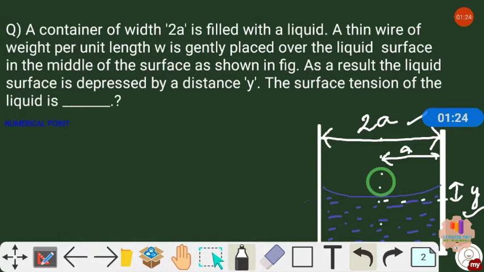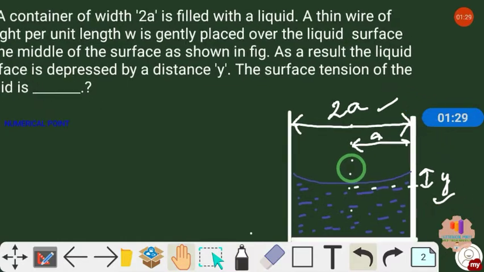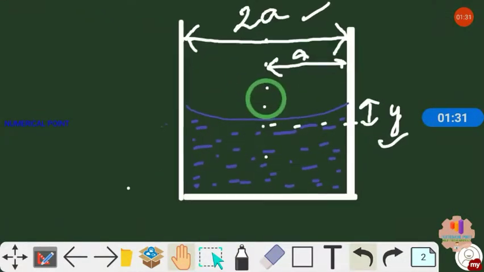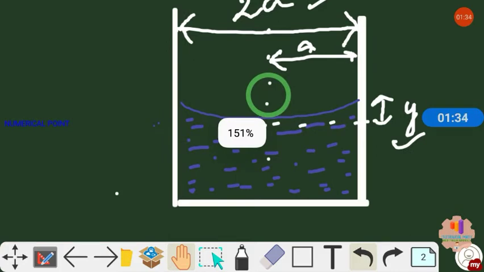So let's first try to show in the figure the forces that are acting on this wire. This is the cross sectional view of the wire. The wire is deep inside the board. So let's first denote the forces. There are basically two types of force acting here.